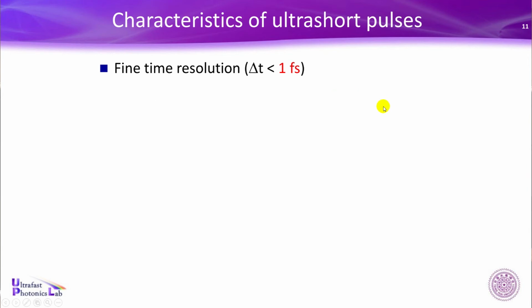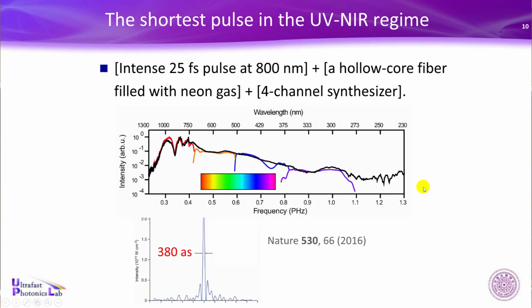Just like the previous example, here the bottom axis shows the absolute frequencies, starting from maybe 0.3 petahertz all the way to 1.3 petahertz. So the bandwidth is 1.3 minus 0.3. It's 1 petahertz already. The bandwidth is crazy broad.